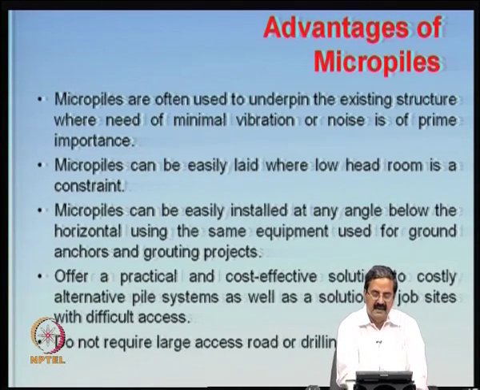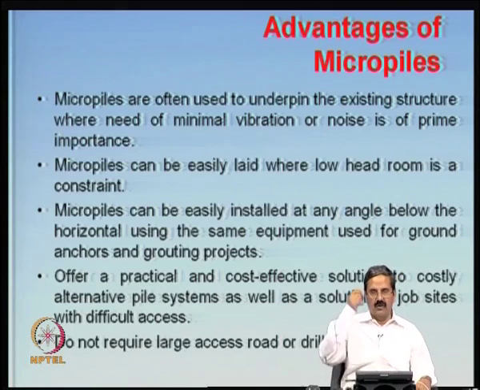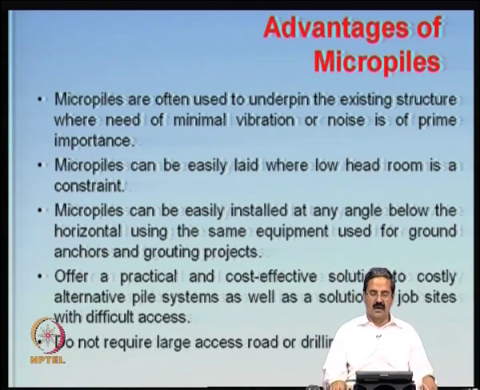Micropiles can be easily installed at any angle below the horizontal using the same equipment used for ground anchors and grouting projects. In fact, the equipment is not very different from what we have in grouting projects or ground anchored projects, where extensive grouting is done. So, the same equipment can be used to install micropiles. Micropiles are nothing but grouted columns.